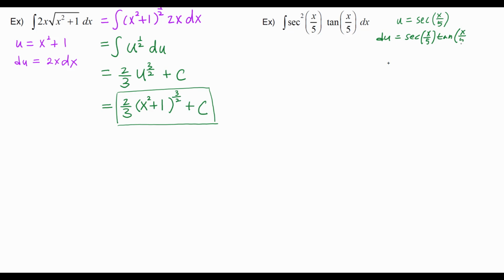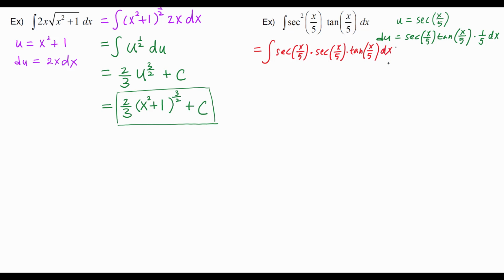I need the chain rule here. I gotta multiply by 1/5, which is the derivative of x over 5, dx. And I can rewrite this integral now as the integral of secant x over 5. So I can call that a u. But I had two of them, right? Secant squared x over 5. So just split them and have another secant x over 5 in the product times tangent x over 5 dx.